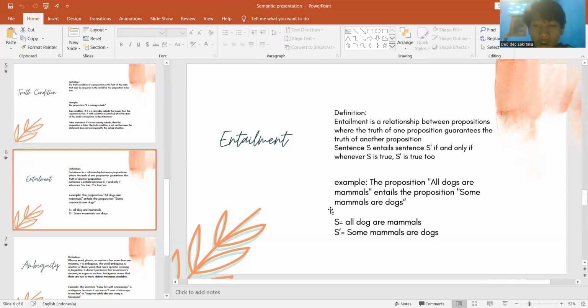The proposition all dogs are mammals entails the proposition some mammals are dogs. So in this sentence, S is all dogs are mammals and S prime is some mammals are dogs. We know all dogs are mammals, and some mammals are dogs.